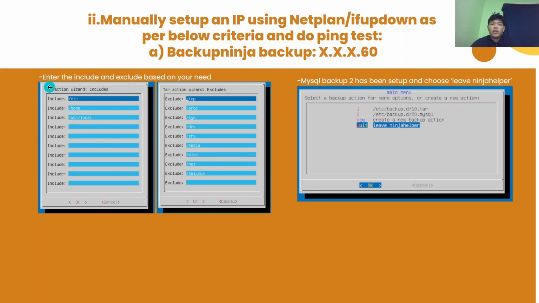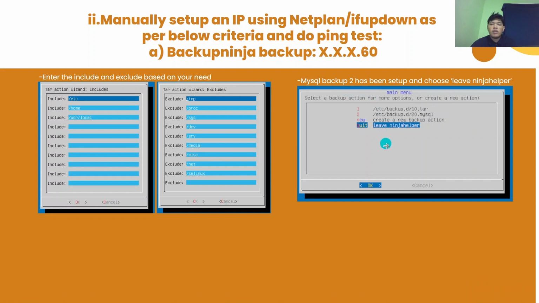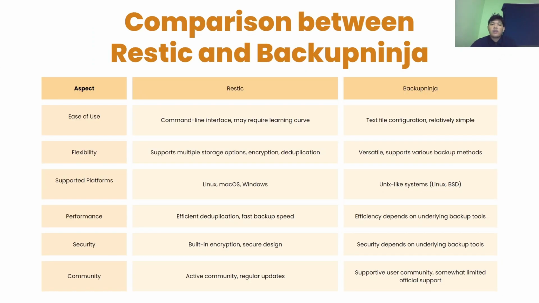After that, we enter the include and exclude directories, like /etc, /home, /usr/local, /tmp. After completing, we click OK and the MySQL backup has been set up. After that, we choose the ninja helper and click OK. Next, I will ask Luqman to continue.